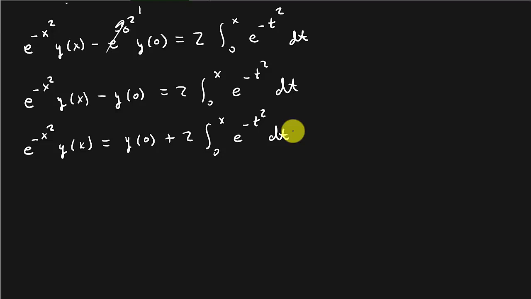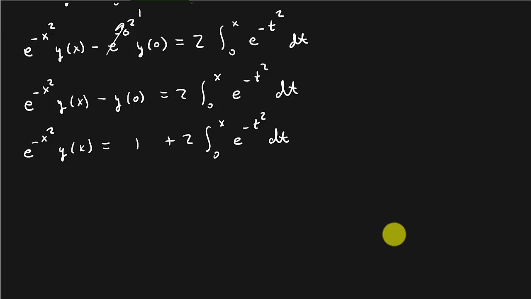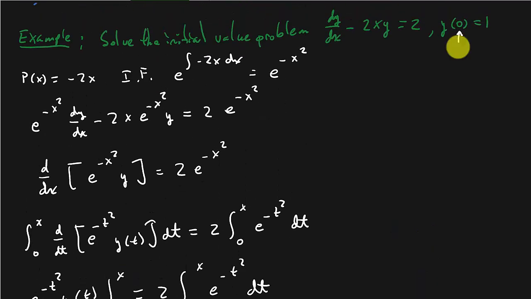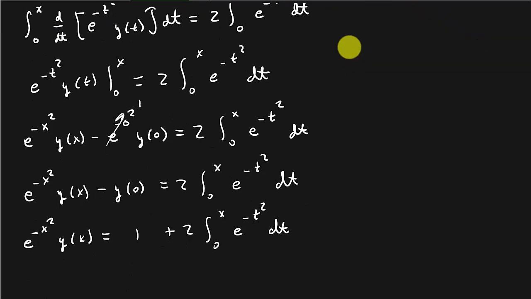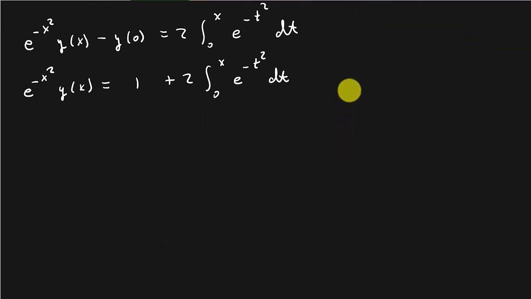I'm putting all the steps out, okay? And then just to save me from having to rewrite all this stuff again, y of 0 is 1. It tells us that here, y of 0 is 1. So I'm going to change that to a 1.